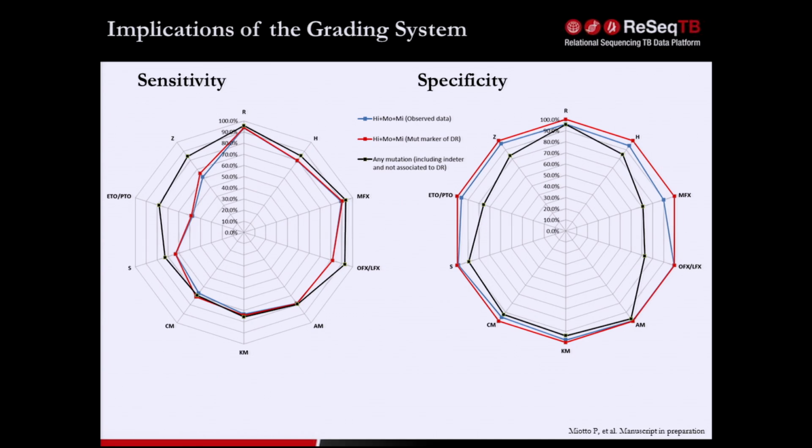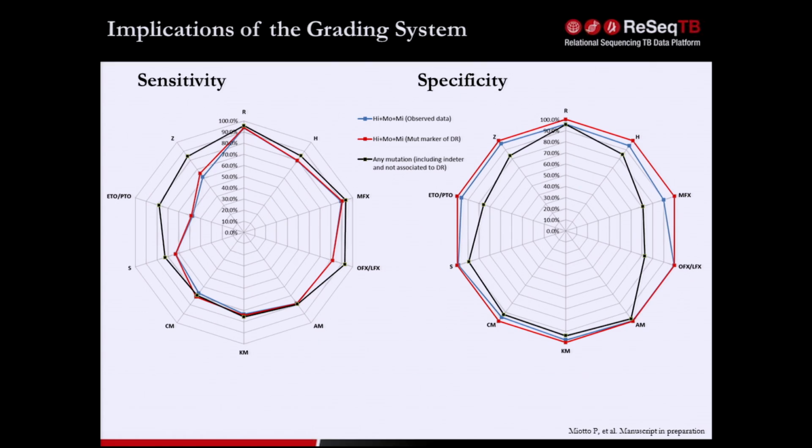So as you can see here, for most of the drugs, the sensitivity of the use of these mutations is not really affected, except for ethionamide, because we had only a few hundreds of strains and the statistical power is suffering this. And for pyrazinamide, because we have a lot of unique mutations, and again, the statistical approach is suffering here.